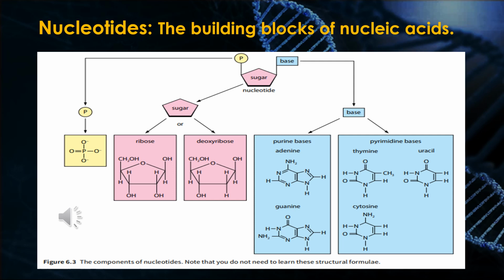If a nucleotide has guanine, we will write G. If it has thymine, we will write T. If it has uracil, we will write U. If it has cytosine, we will write C, all in capitals. This is because the phosphate group and sugar remain the same for all nucleotides, only the base differs. So when the difference arises just because of the base, we represent the nucleotide with the name of the base in simple words.